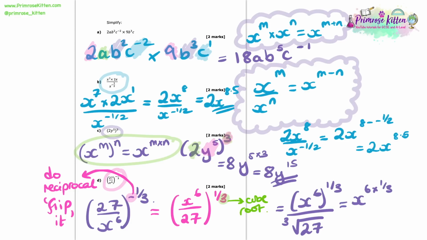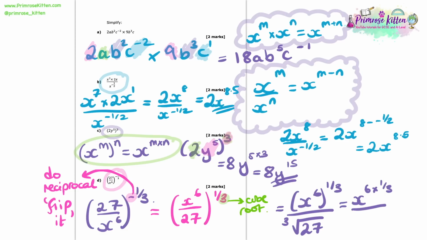Yes, we said to the power of a third means take the cube root. But what does that really mean when we have x to the power of 6? Really, we're better off using our power of a power rule. So we could say x to the 6 to the power of 1/3 is the same as x to the power of 6 times a third.